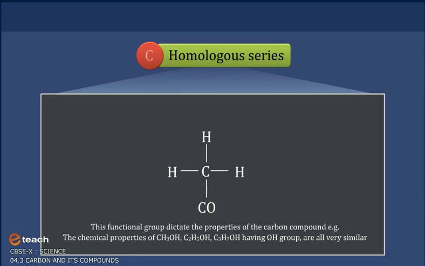Example, the chemical properties of CH3OH, C2H5OH, C3H7OH having the OH group are all very similar.